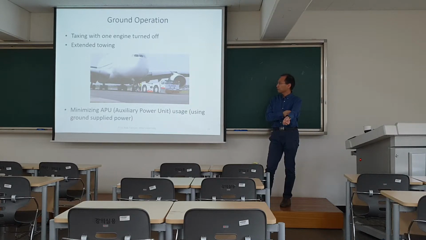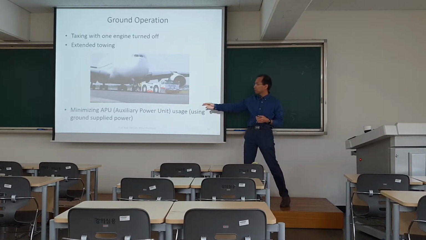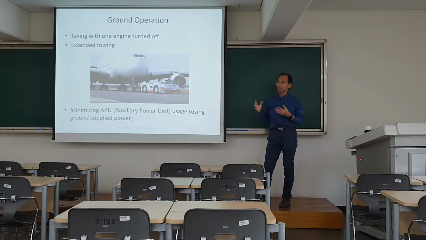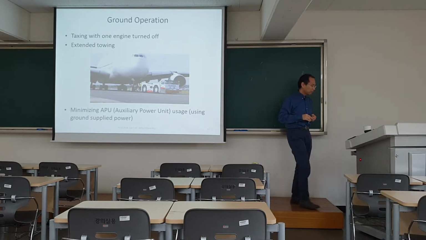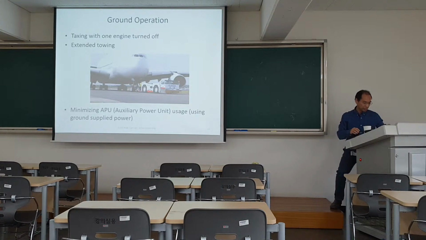And I think some research is going on to replace this tow truck with an electric vehicle these days, and it can push around the airplane as much as possible. And also minimize the APU usage and use the ground supply power.